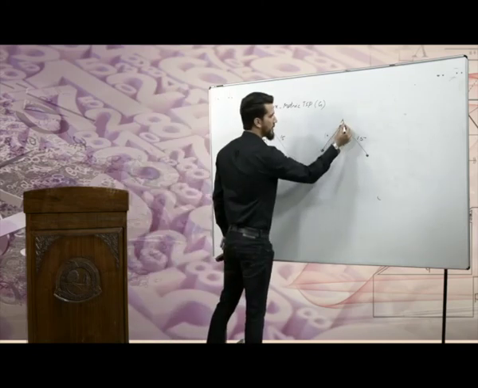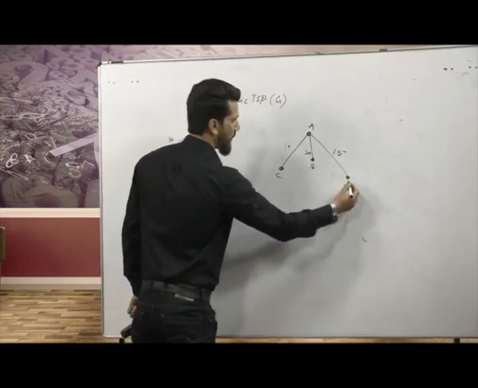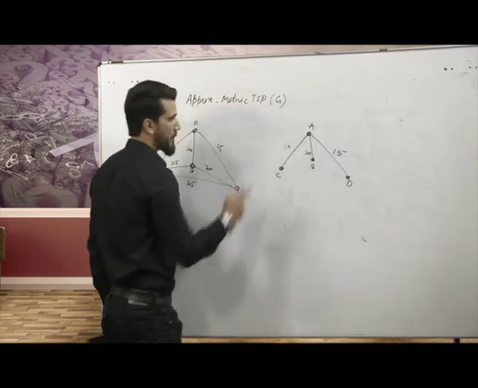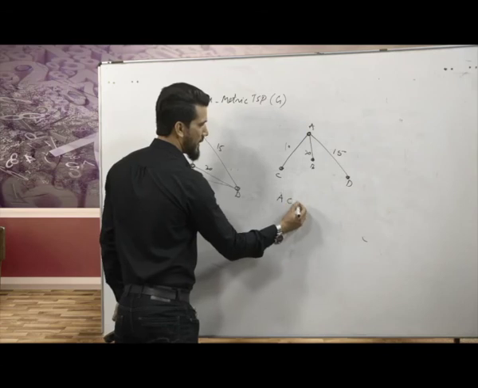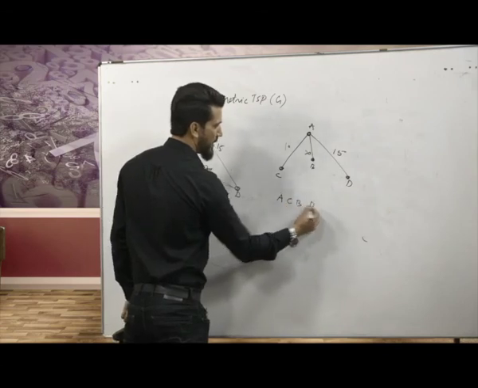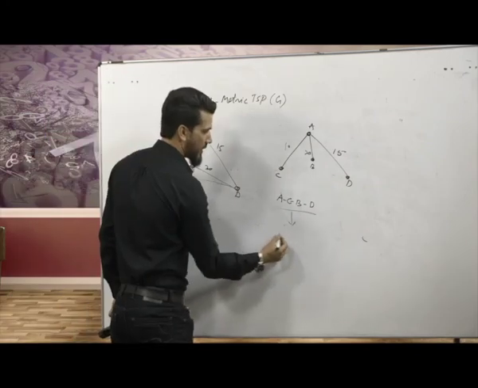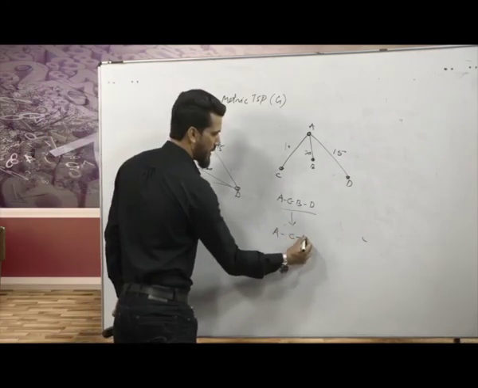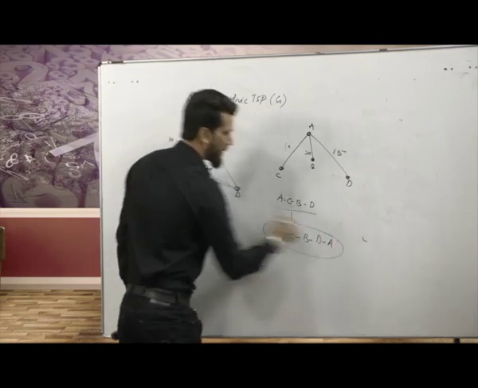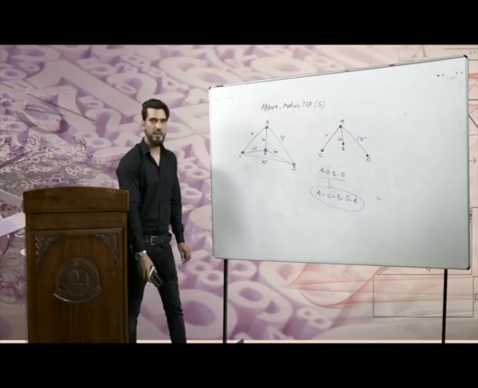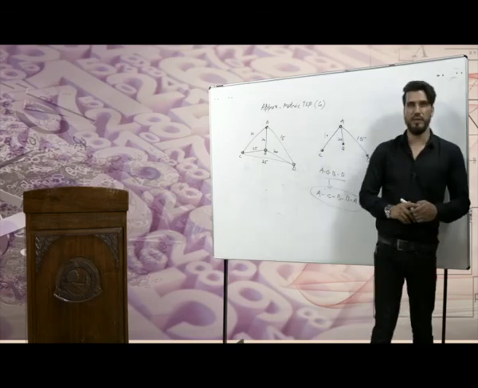Now, if we take A as the root, and we traverse, our output will be A, C, B, and D. And our final tour, the third step of the algorithm, will be A, C, B, D, A. This is the tour the traveling salesperson should be taking to minimize the total cost of his travel or distance.